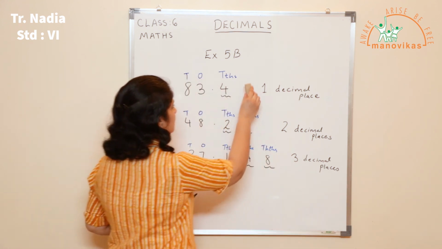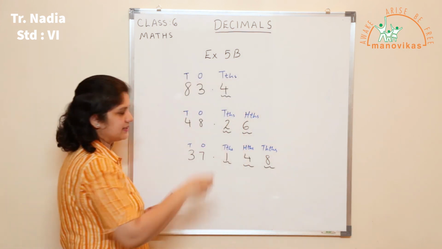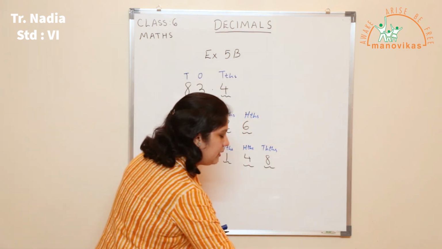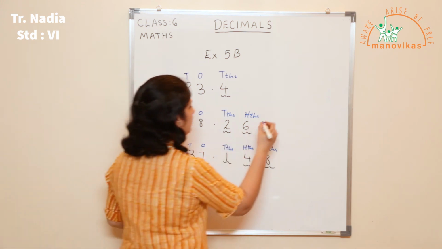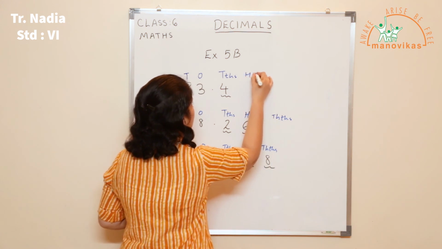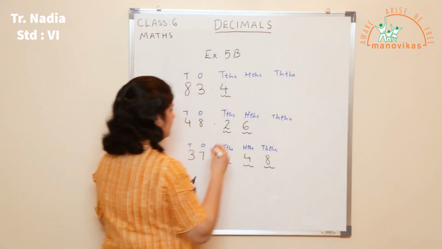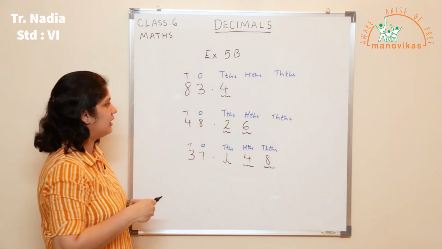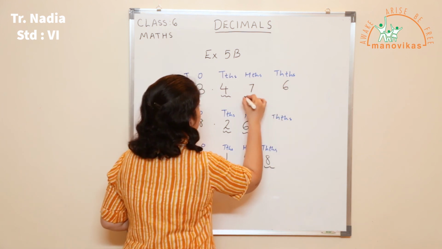Supposing these examples had to be a little modified, as I'm going to show you. Now I'm going to create 3 decimal places for all the numbers. I'll put 7 here, 6 here. Now can you see?